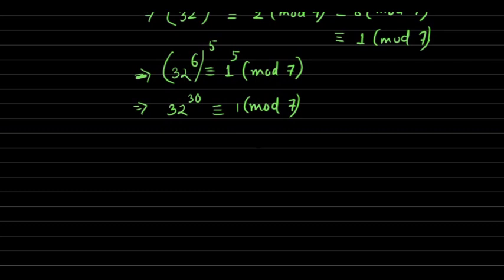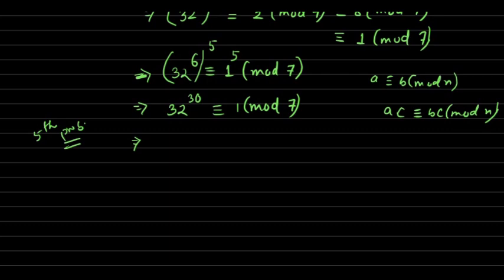I think now you are observing, you are getting why I told you to make the remainder as 1. So now using fifth property, what does the fifth property say? When A is congruent to B mod n, then we can multiply: AC is congruent to BC mod n. This is the fifth property. By using the fifth property, we can write 32 to the power 30 into 32 is congruent to 1 into 32 mod 7.